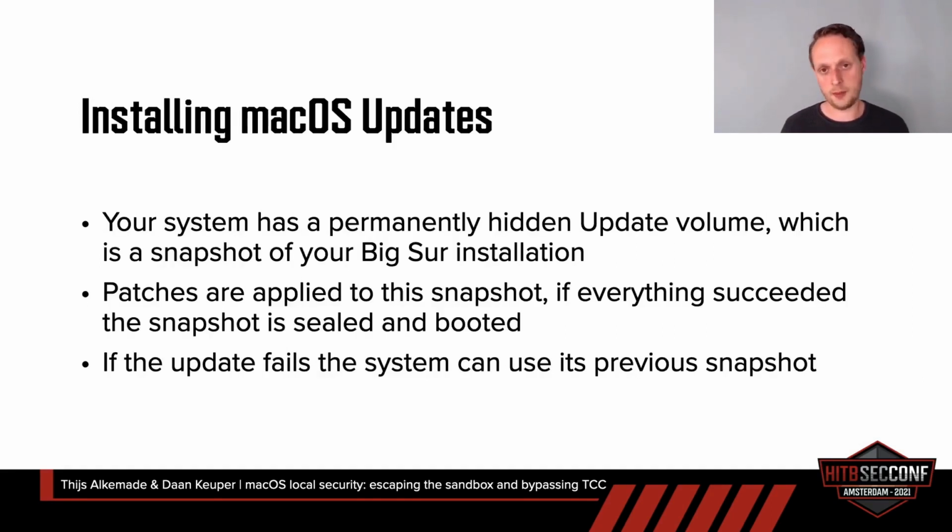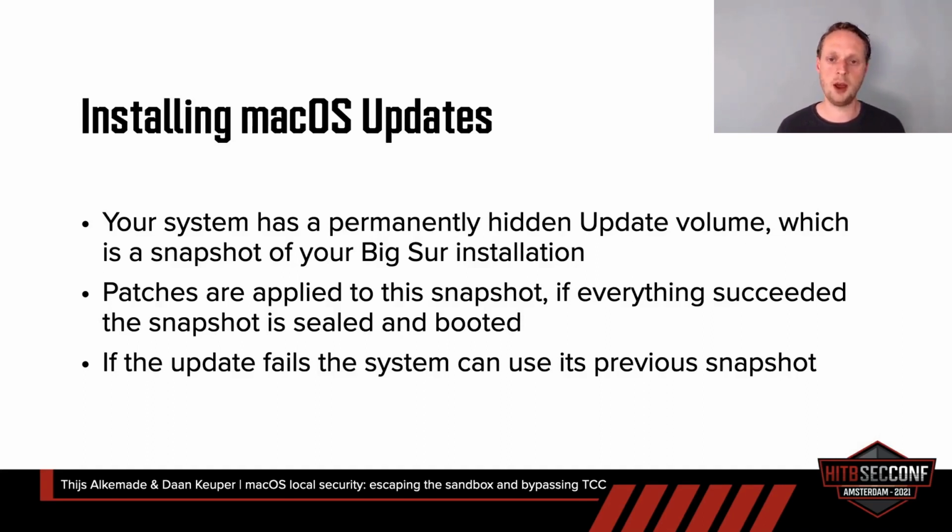So then comes the question, okay, but then how are system updates installed? For this, macOS has a permanently hidden update volume, so you won't see it in the Disk Utility application, but it is there and it contains a snapshot of your Big Sur installation.